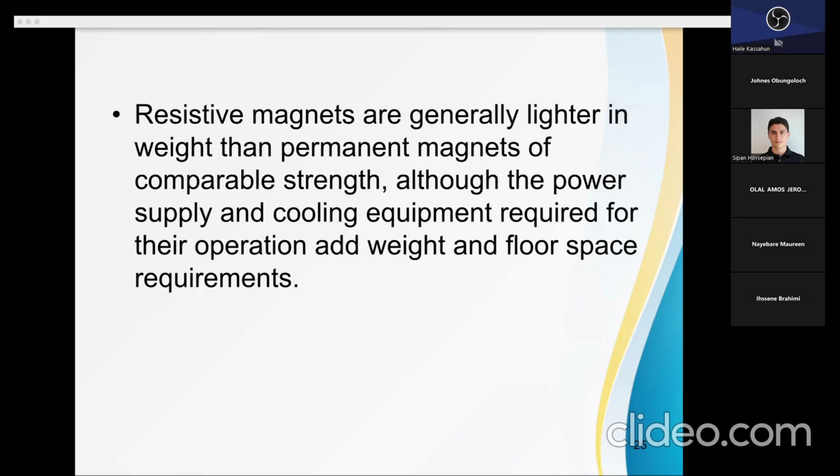So they are generally lighter in weight than permanent magnets of comparable strength, although the power supply and cooling equipment required for their operations add weight and space onto what you need.